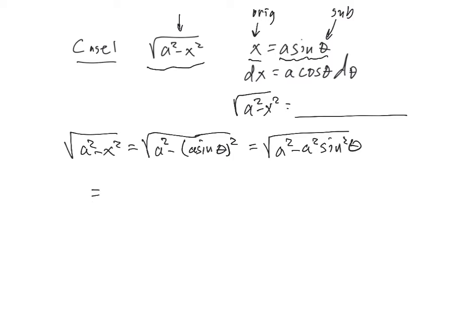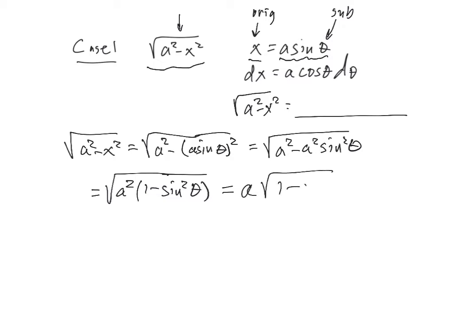And now take the a squared out and get 1 minus sine squared theta. The square root of a product is the product of the square roots. So the square root of a squared just turns into a, and I have left the square root of 1 minus sine squared theta.